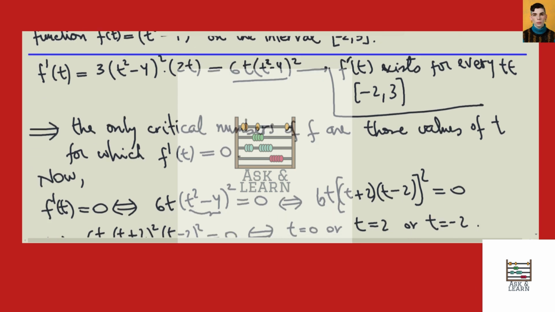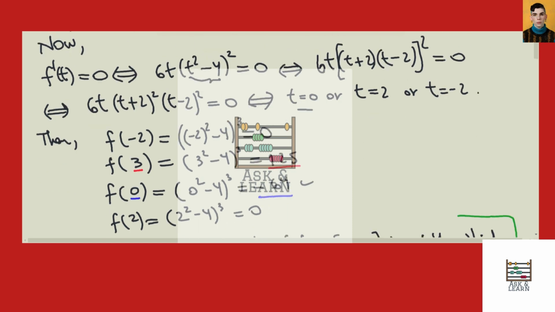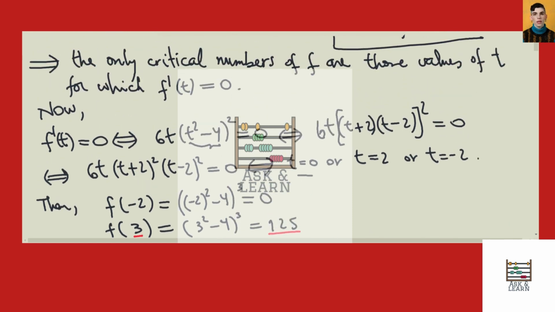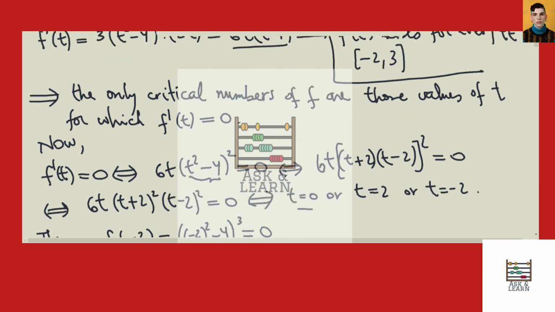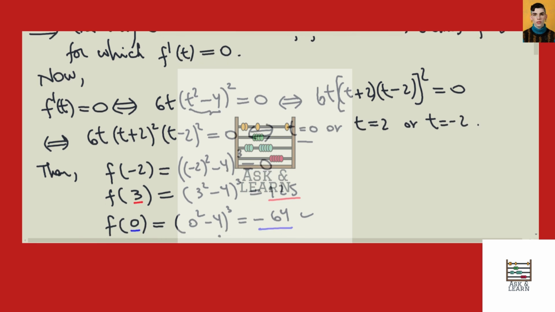So we find the derivative of the function, and because that derivative exists for every t, we know that the only critical numbers of the function are those values of t for which the first derivative is 0. So we state that equation, the first derivative equals 0, and we found three values. In fact, one of those critical numbers is exactly the same as the left endpoint of the interval.